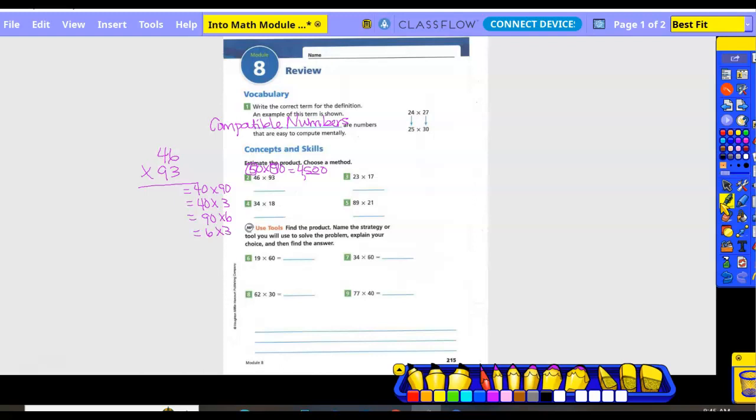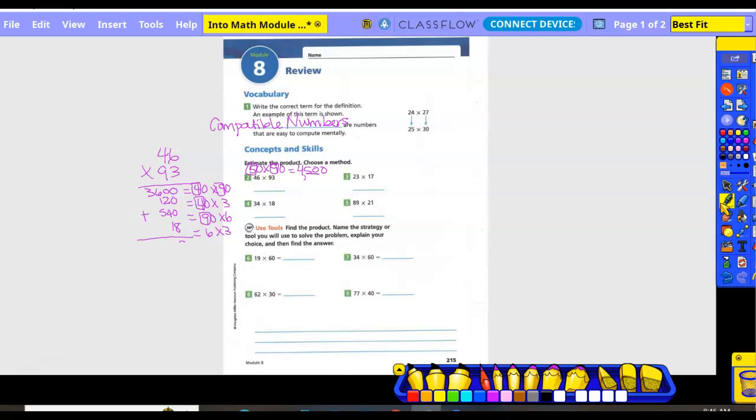Okay, so 4 times 9 is 36, and add 2 zeros, right? 4 times 3 is 12, and add 1 zero. 9 times 6 is what? 54, and add 1 zero. 6 times 3 is 18.